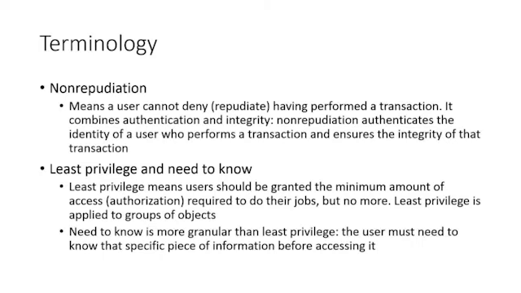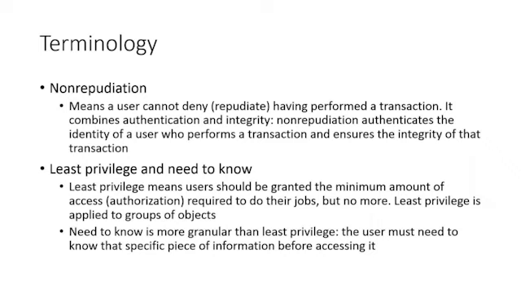And then need to know, a little more granular than least privilege. Just because you may have a particular title and you have a particular rank or hierarchy in the company, need to know says, well, yes, I understand you run this department, but this is, you might hear, above your pay grade, right?